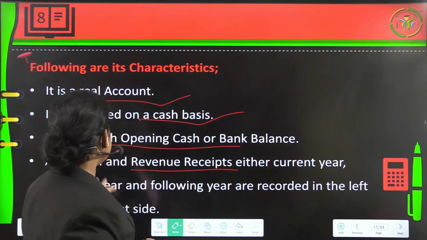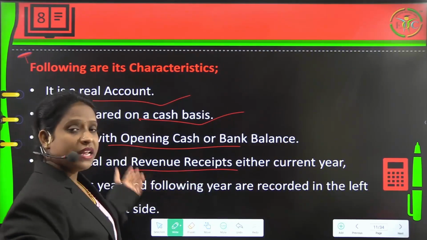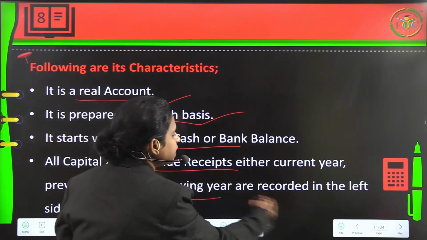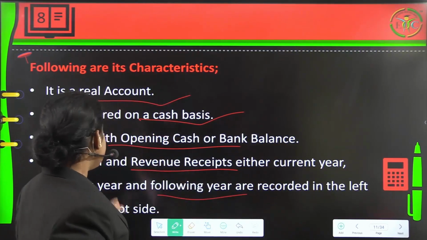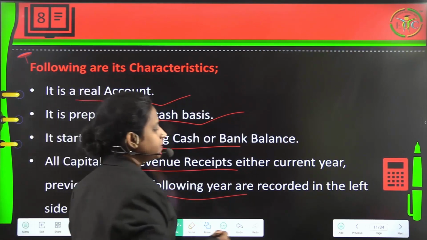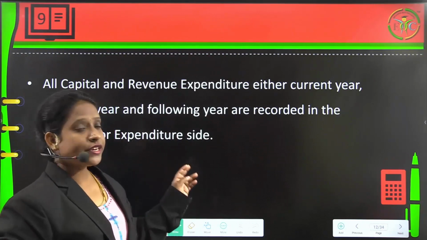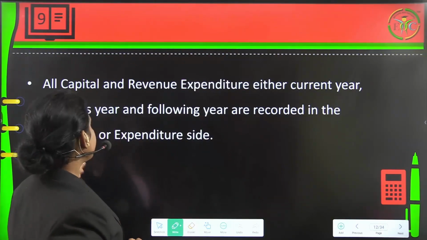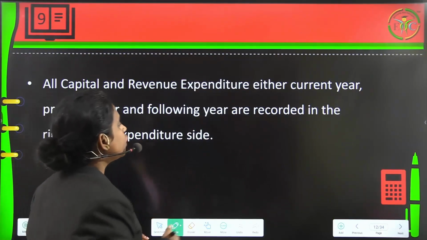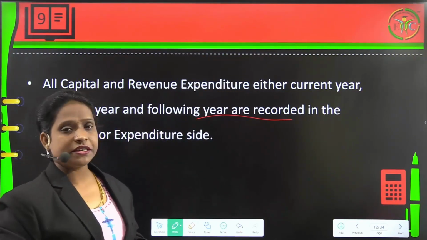previous year, and following year are recorded on the left side, or we also call it the receipt side. Fine. Then all capital and revenue expenditure either current year, previous year, and following year are recorded on the right side or expenditure side.